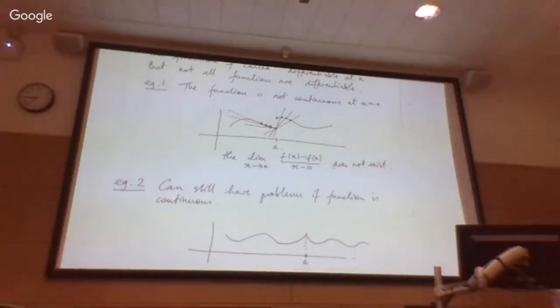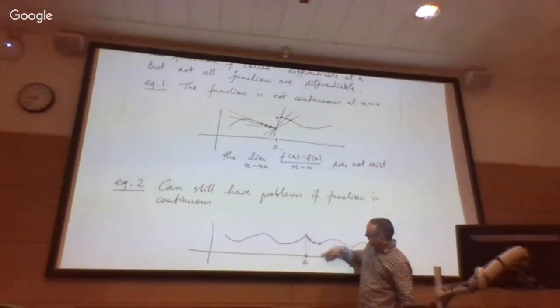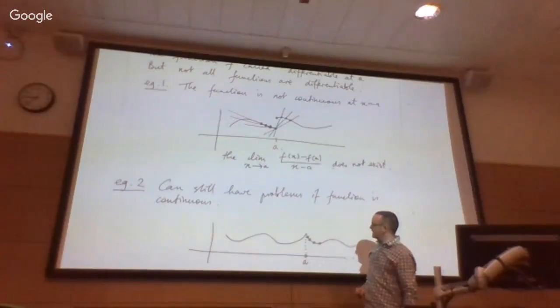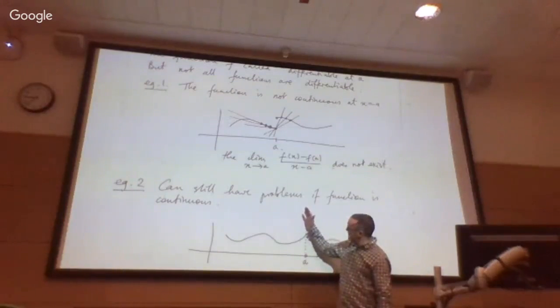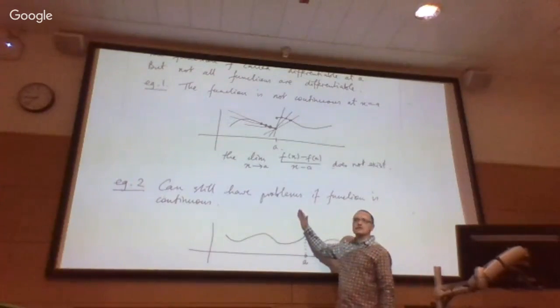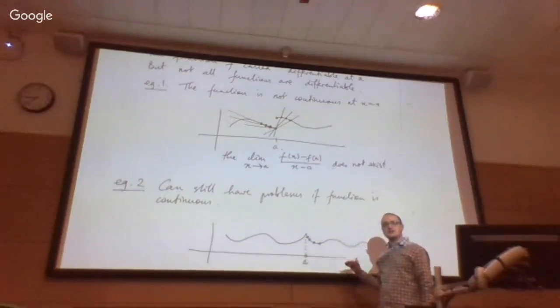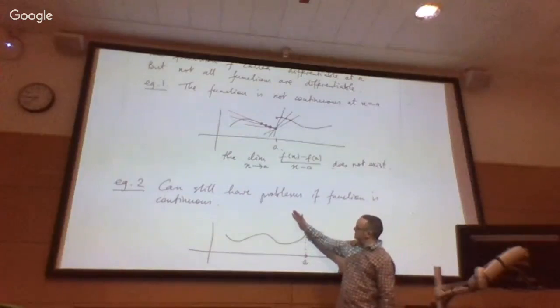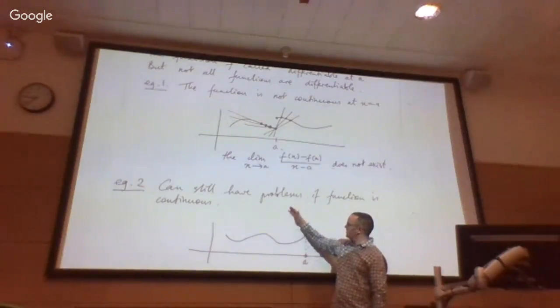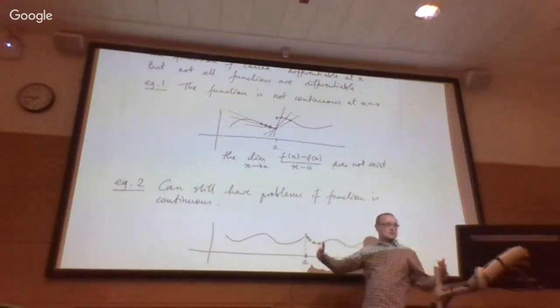And again, if you look at nearby points to the right, how would these chords be behaving as you let X tend to A from the right? I won't draw loads of them in my picture, but they'd be getting steeper and steeper like this. So these gradients are all negative. If the gradient is decreasing from left to right, you have a negative gradient. As the point gets closer and closer, they're getting steeper and steeper, so they're going to higher and higher negative values in absolute value.